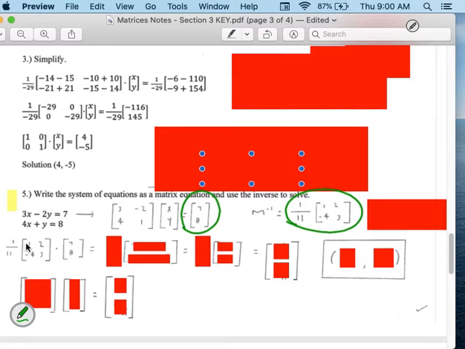So we're going to take first row, column, second row, column, right? The 1/11 is going to hang out front. So it's 1 times 7, 2 times 8. Everyone get this written down already?